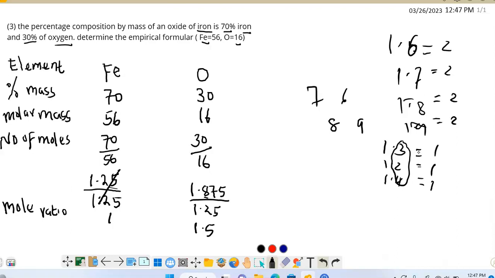Are you understanding? Okay. If it is neither 2, 3, 4 nor 6, 7, 8, 9, it can be exactly 1.5. If it's 1.5, this is what you are going to do. Let me clean the board.